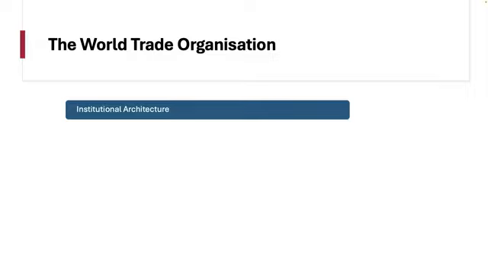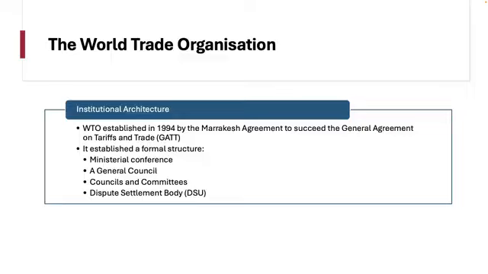The WTO is, of course, an institution that does have institutional architecture, in the sense that, established in 1994 by the Marrakesh Agreement, it succeeded the more ethereal and more flimsy General Agreement on Tariffs and Trade that had existed all the way since 1947.